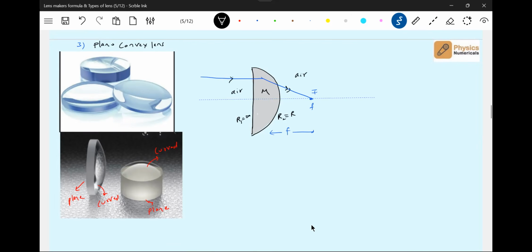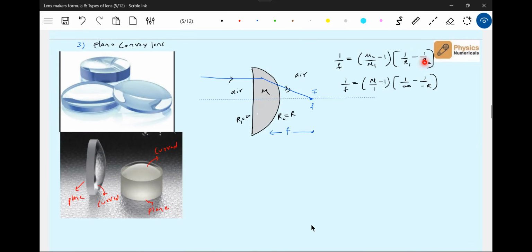Okay. Now according to the lens maker formula, 1 by f is equal to mu minus 1 into 1 by R1 minus 1 by R2. I'll write the complete formula, some of you are finding it difficult. Minus R it is. Why negative sign?